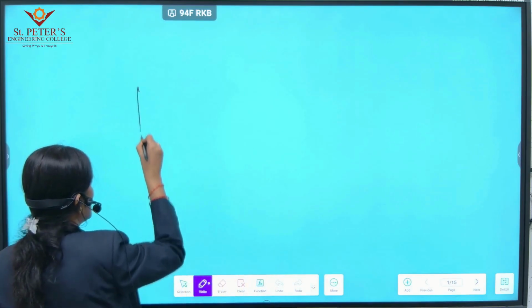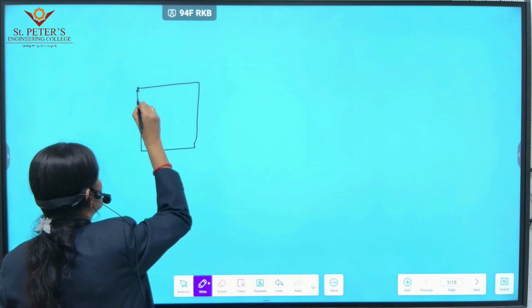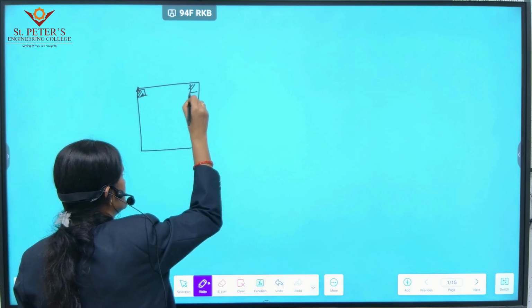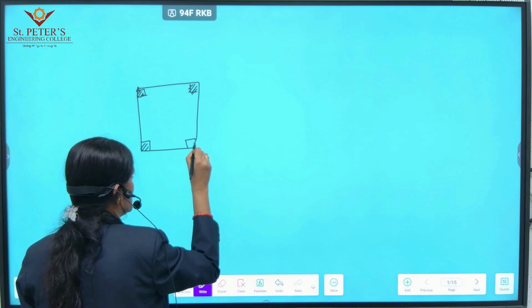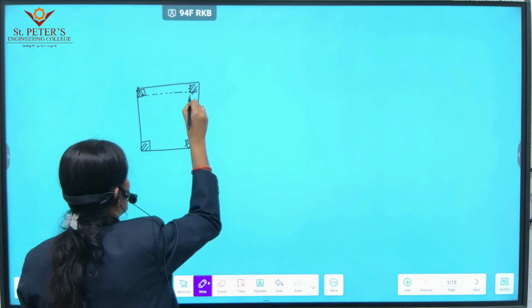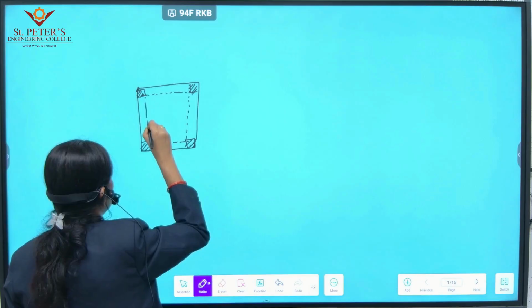Now, if we consider a room where at all four corners there are columns, then the horizontal member at the roof level is your beam.